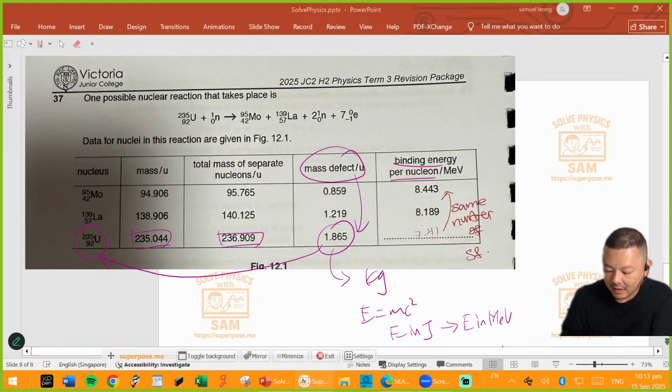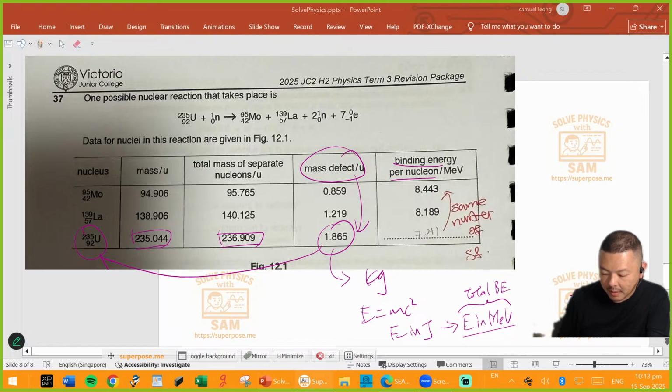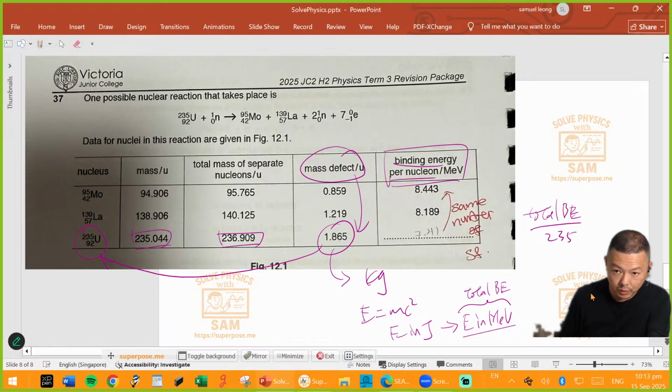On top of that, this one here at this point will be the total BE. But then you are supposed to divide by 235. It's not straightforward because you have to do all sorts of calculations here. But total BE divided by 235 will give you this number here.